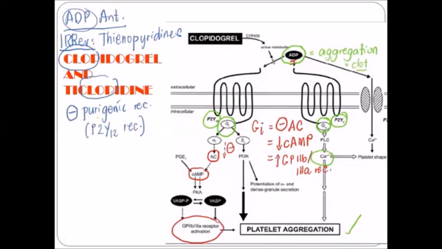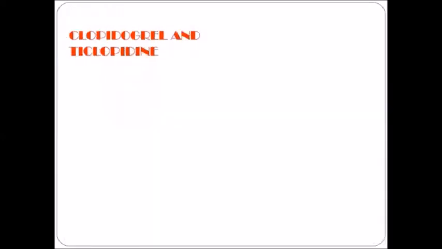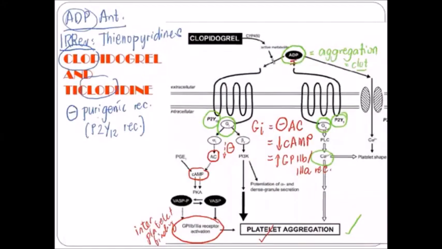Now, kapag na-enhance natin ang activation ng glycoprotein 2B and 3A receptors, remember, these receptors are important for interplatelet binding. Kaya further, nagkakaroon ng platelet aggregation. Hence, ang ADP, both purigenic 12 and purigenic 1, ang effect niya ay aggregation. So yan ang action ng adenosine diphosphate.